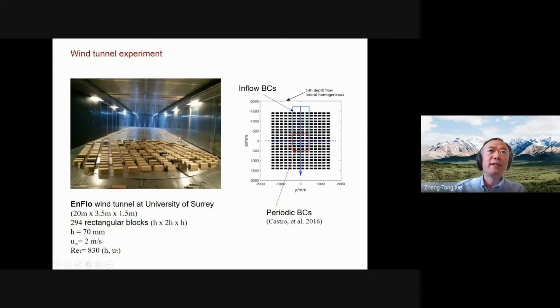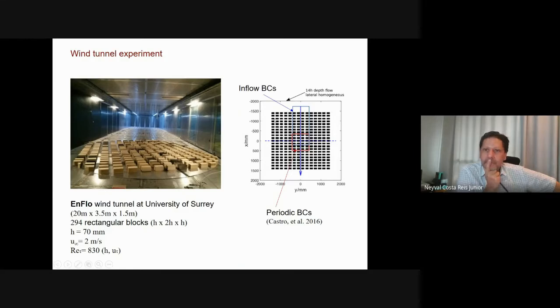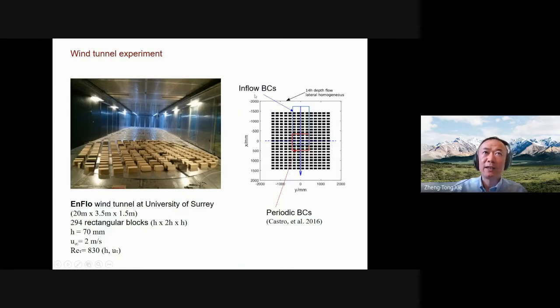If you see from the right, the wind comes from the corner, which means at different locations you have a different distance to the leading edge. If you have a measurement cross here, the data here you cannot trust, because it's too close to the leading edge.